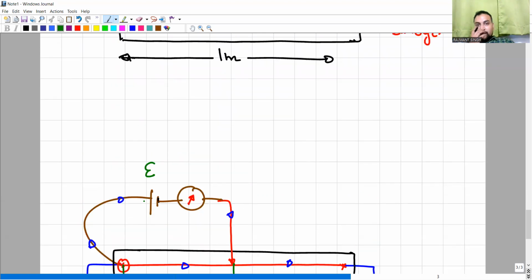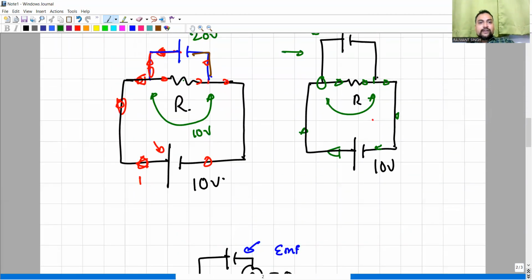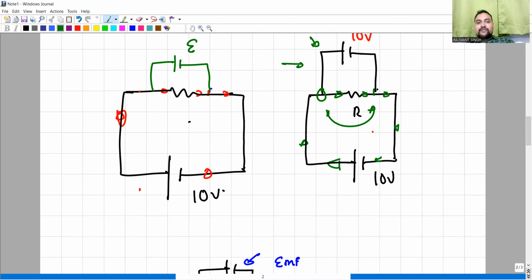This is the concept we discussed: the current is not going to flow if this potential drop is the same as the potential drop across the cell. So if this EMF is the same as the potential drop across the resistor, then no current is going to flow. This is what we understood as one of the concepts of potentiometer.